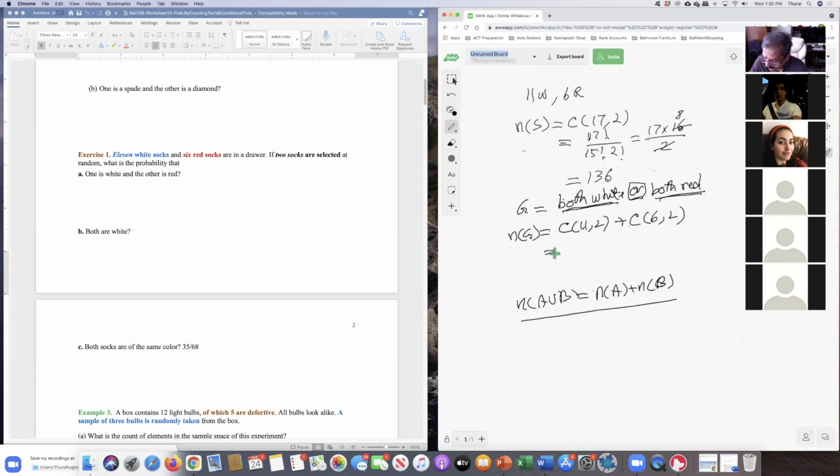So we need to simplify them. 11 minus 2 is 9. 11 factorial over 9 factorial 2 factorial plus 6 factorial over 4 factorial 2 factorial. Okay, so this part simplifies to 11 times 10 over 2 plus 6 times 5 over 2.